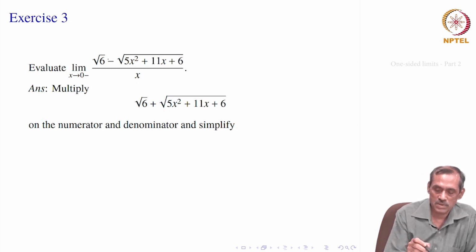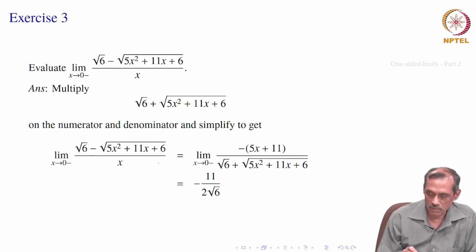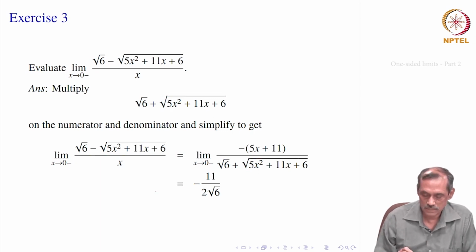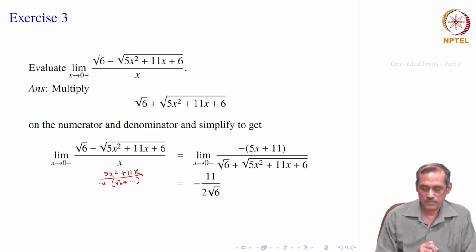So, numerator becomes square root of 6 squared minus 5x squared plus 11x plus 6. So, when you multiply, you would get this 6 and 6 gets cancelled. So, you get 5x squared plus 11x on the top, and down you have x multiplied by root 6 plus that factor.